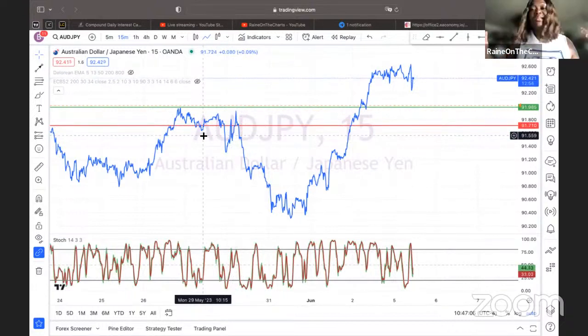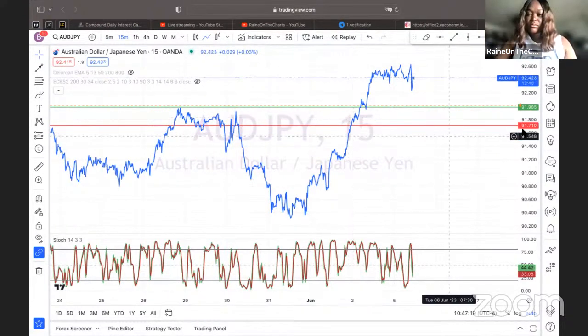You can do all the analysis and the market is going to do what the market wants to do. It could decide that no way, I'm going this way instead, and start shooting down. So my stop loss would be 91.710. So I have my entry price, I have my stop loss.